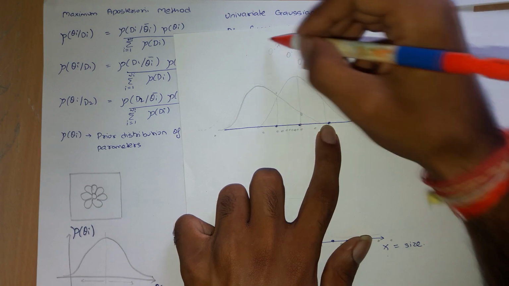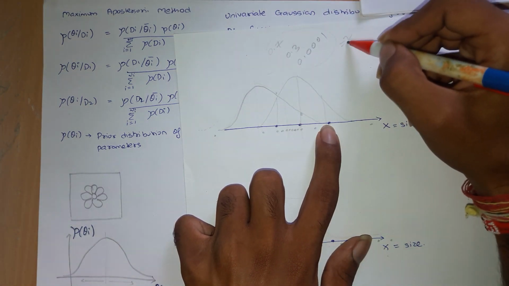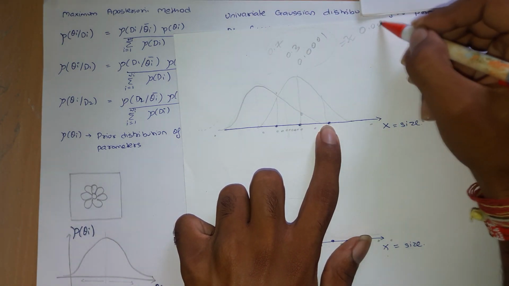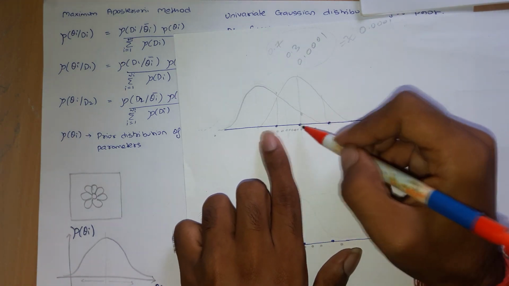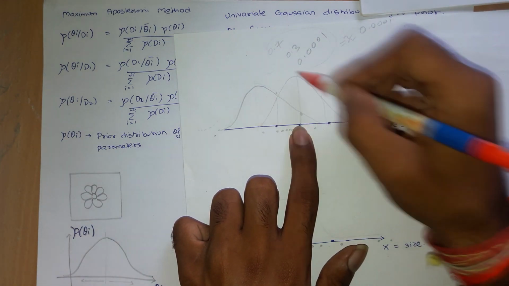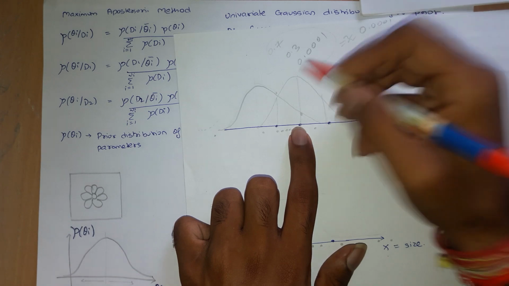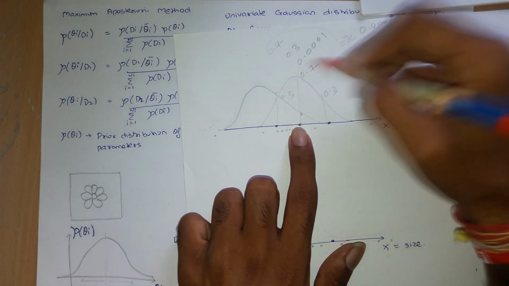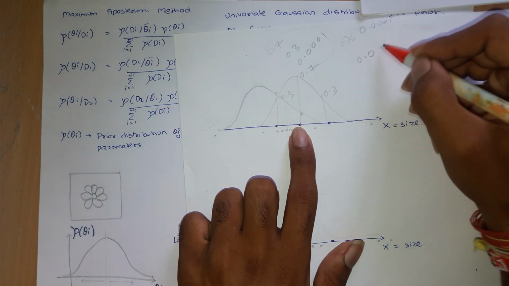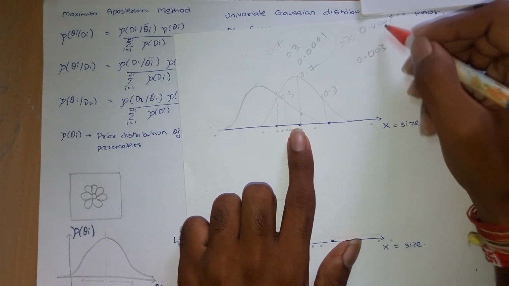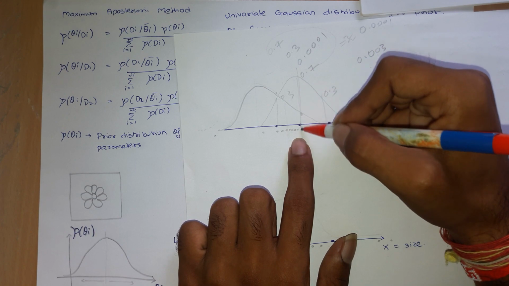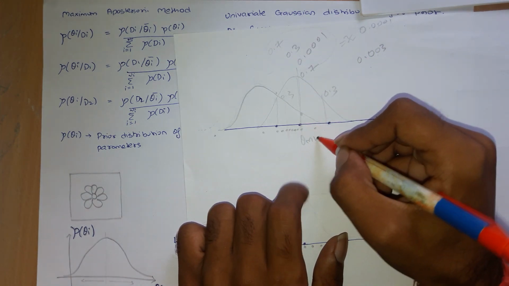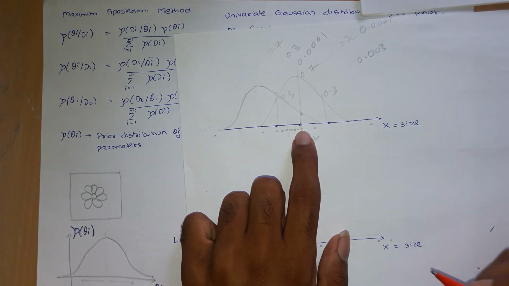But when you fit this other curve, you get nice probabilities, say 0.7, 0.3, 0.3. So this will be some 0.03, which is greater than this, and your theta ML will tell you that this is the good mean.